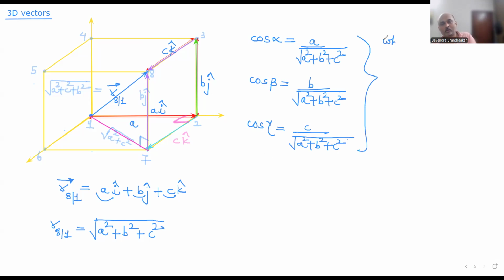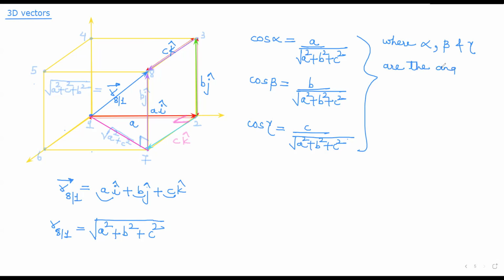So where alpha, beta, and gamma are the angles which vector R81 makes with the positive x, y, and z axis respectively.